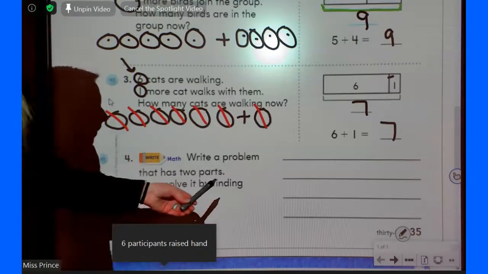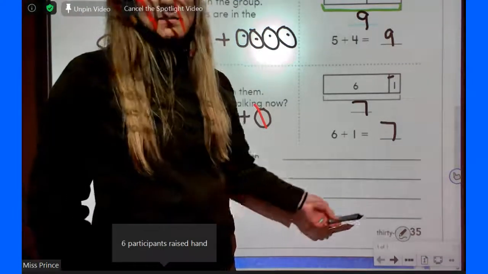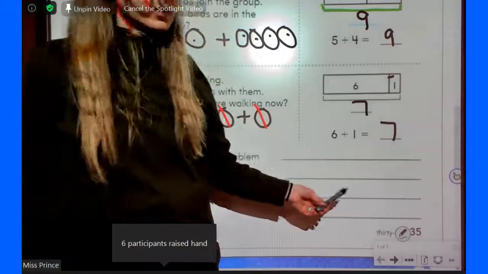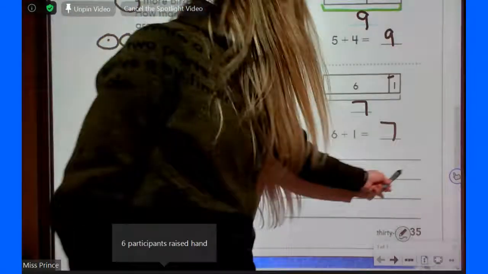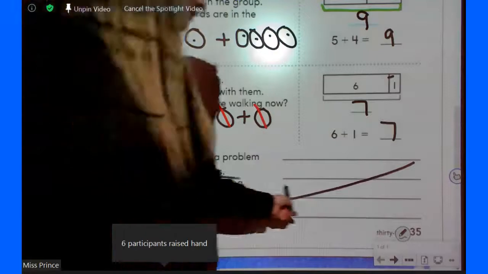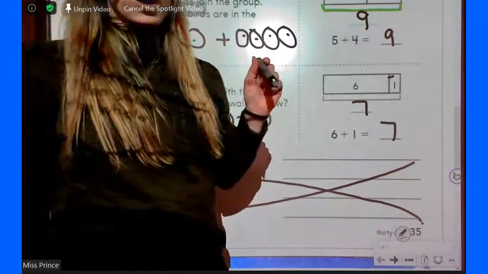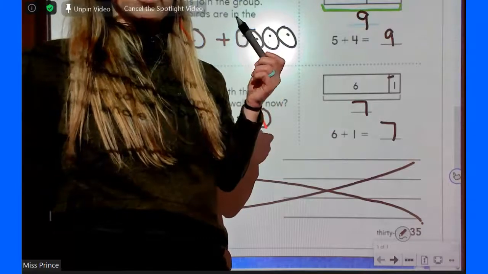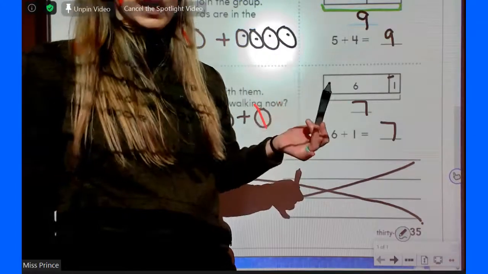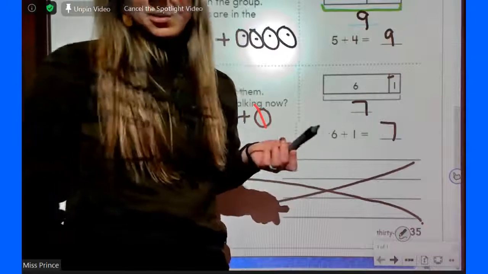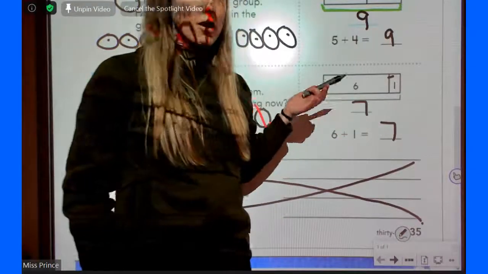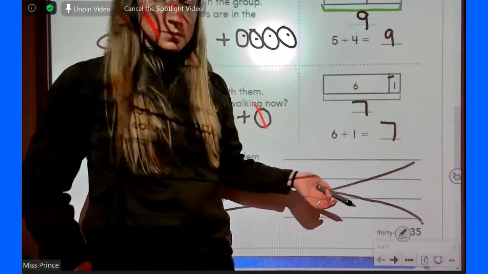Number 4, I won't ask you guys to write me anything during a math test, so we are not going to do this one. This will not be on your test. Remember, some of the problems we skipped because they are meant to be problems that we would do more in person when we have more time during class. But with the way that school is right now, we just don't have all the time to cover all of these problems.